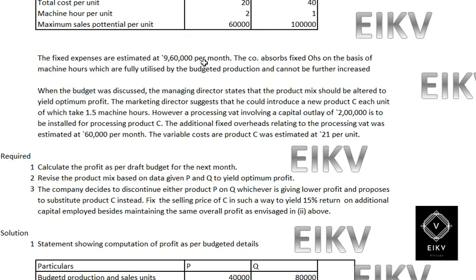The fixed expenses are estimated to be 9,60,000 per month. The company absorbs fixed overhead on the basis of machine hour, which are fully utilized by the budgeted production and cannot be increased.